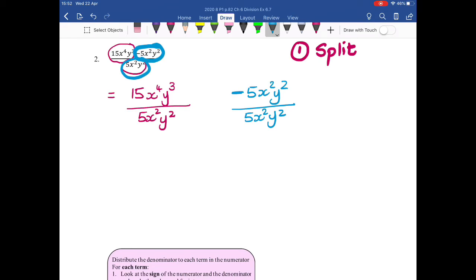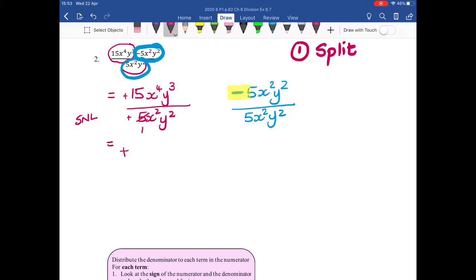Do you see I've kept the negative with that term? So again, we are just separating our terms, and we're going to do each one separately. So again, we do signs, numbers, letters. A positive divided by a positive, so my result is positive.